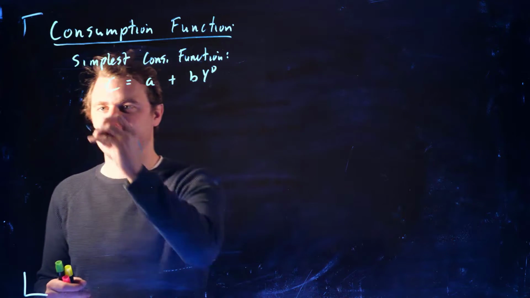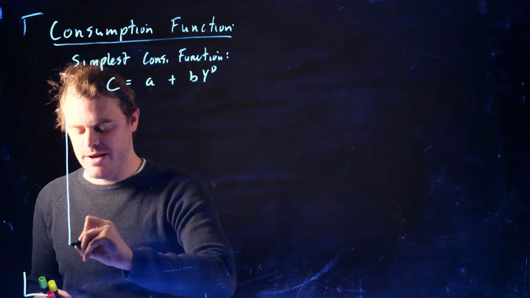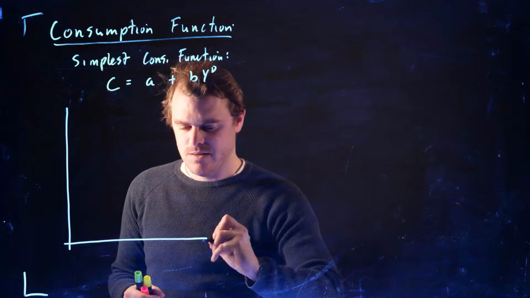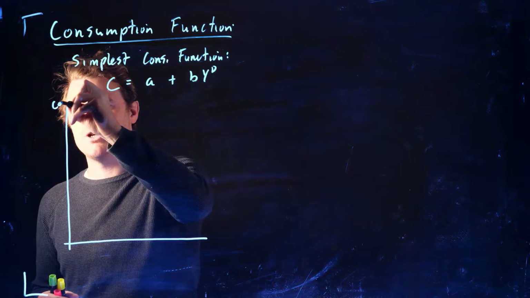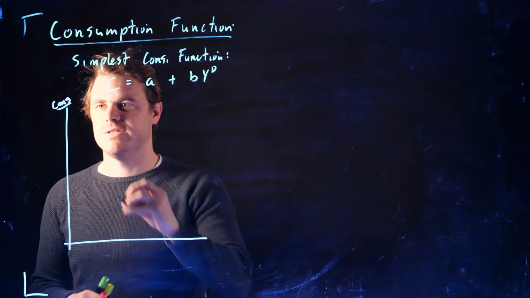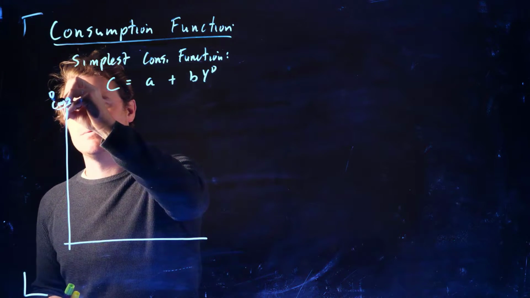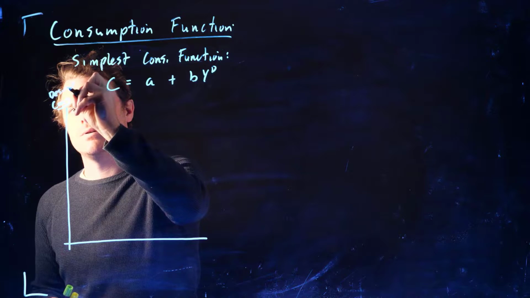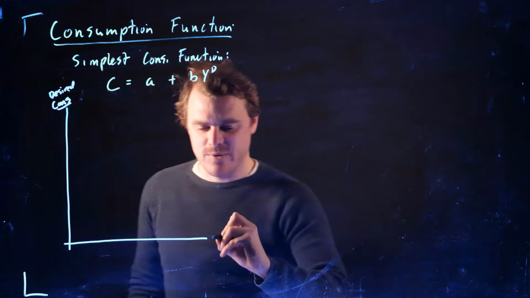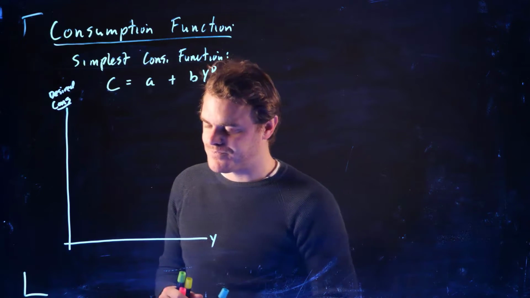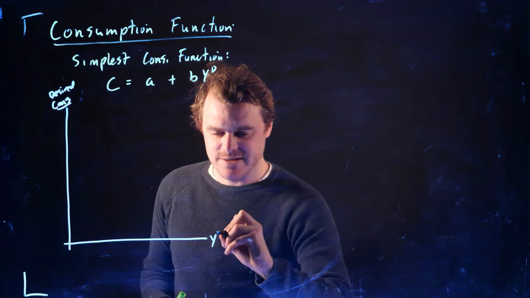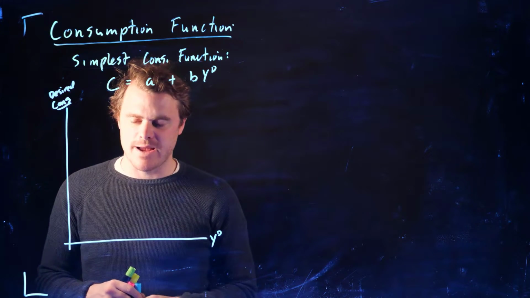Let's quickly draw it out and think about what this means. Let's put desired consumption on one axis, and then we have income down here. We can think of it just being disposable income right now.